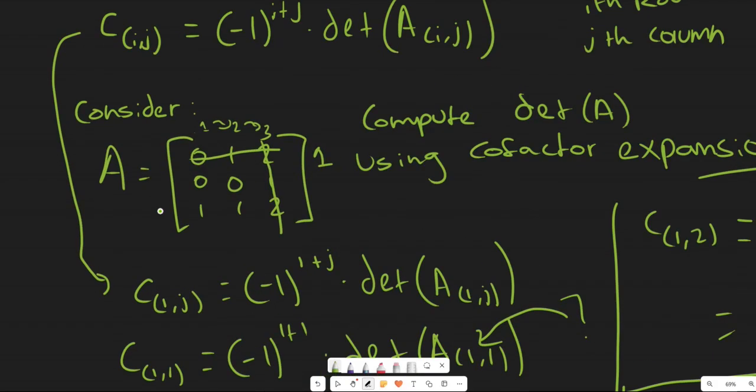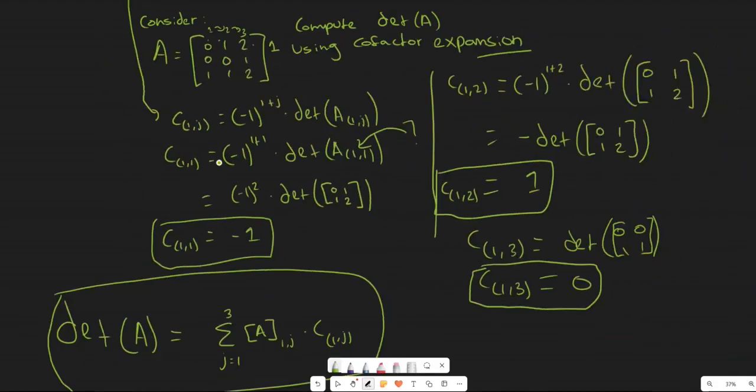So let's go ahead and go back to our original matrix. So we have this matrix here. What was that number? I think it was 2. And so in the first row, first column, our entry is 0. Second one is 1. And your third one is 2.